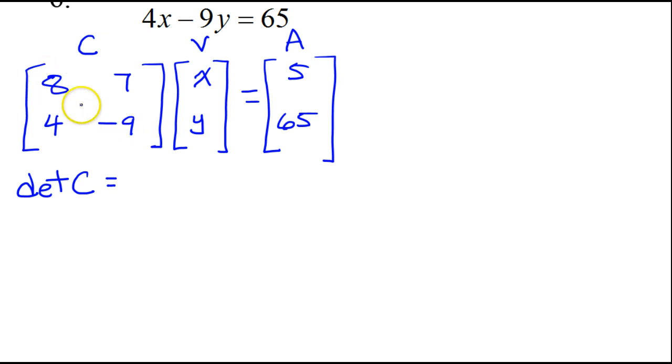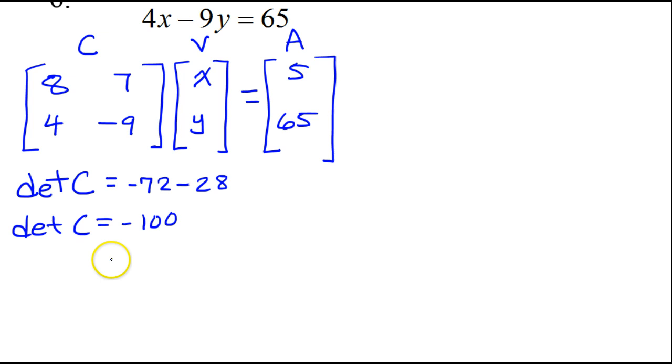You find the determinant by doing the down diagonal minus the up diagonal. So the down diagonal multiplication is -72, minus the up diagonal, which of course is 28. So that means the determinant of matrix C is -100.